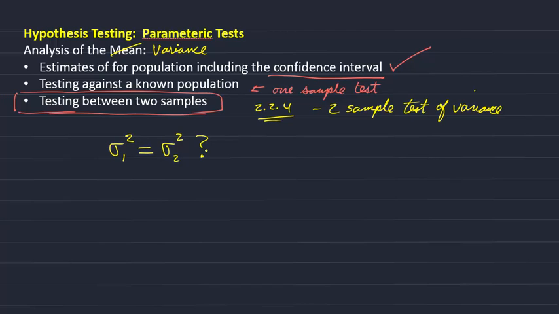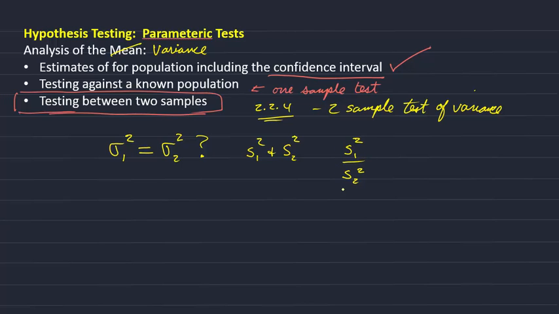Okay, and so if say our measured variances are S1 squared and S2 squared, to compare those, what we will do is take the ratio of one over the other. And remember, if the variances come from populations that are normally distributed, they will be chi-squared variables.